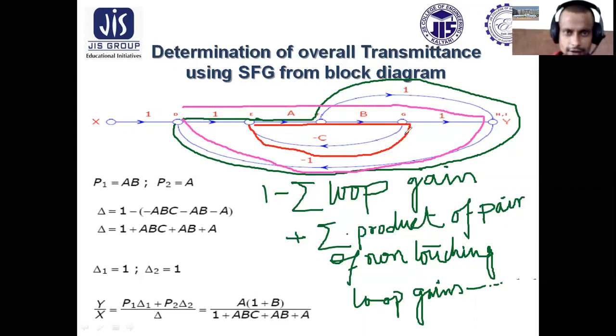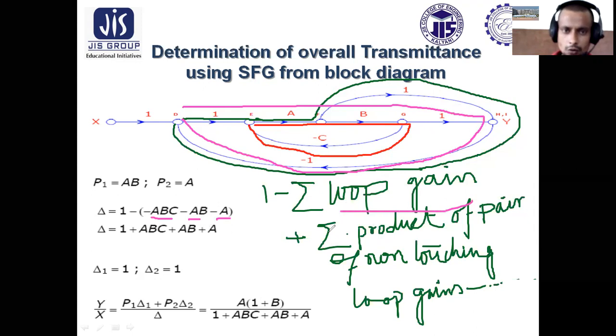Okay, the first one is the red loop, which has a gain of A, B into minus C. So one loop gain is minus ABC. Another loop, the green one, is 1 into A into 1 into minus 1, so minus A. Another loop gain is minus A. And the pink loop is 1 into A into B into 1 into minus 1, so minus AB. So there are three loop gains.